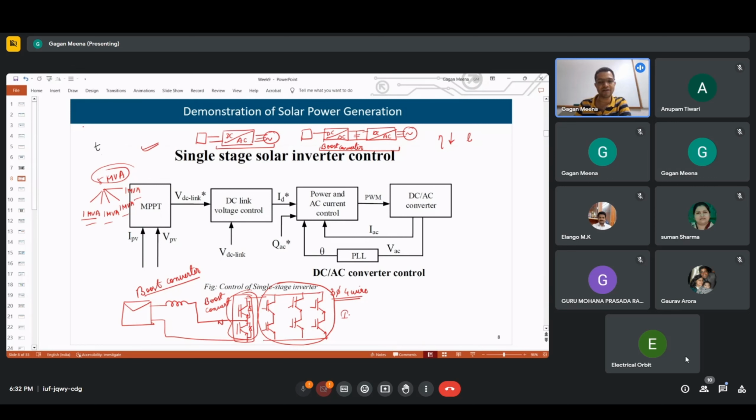For safety purposes, if someone touches that equipment and energy is still stored within the capacitor, one can get a shock. So that stored energy is dissipated in these resistances, so they are called bleeder resistances. These resistances are used to dissipate the energy stored in the capacitor when the system is not in use.